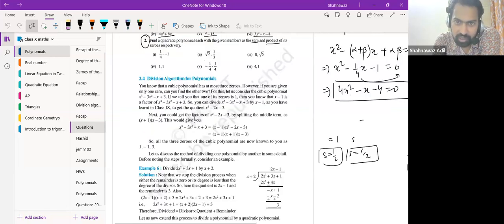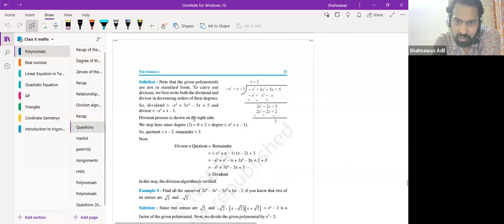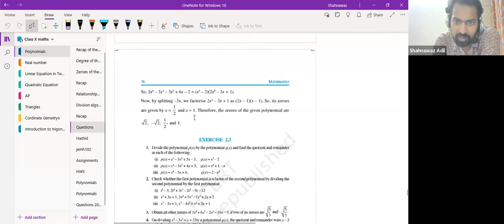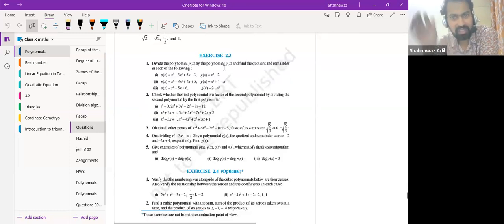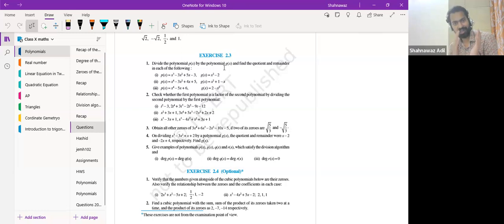But in 23, 24, it is not in the syllabus. We know how division occurs: we have a divisor, dividend, quotient, and remainder. The division algorithm is based on that, but it is not in your syllabus.